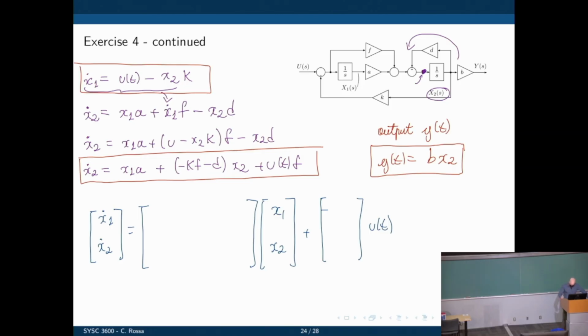So what goes in matrix A? All coefficients of x. For x1 dot, we have 0 and minus k, and for u we have 1.